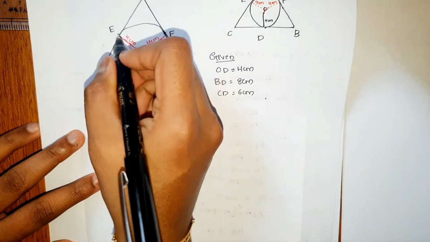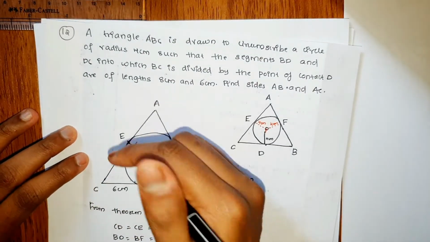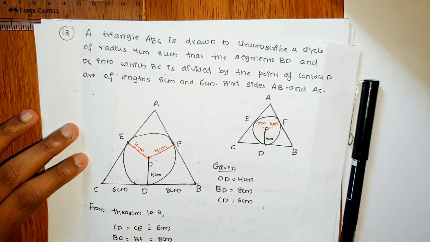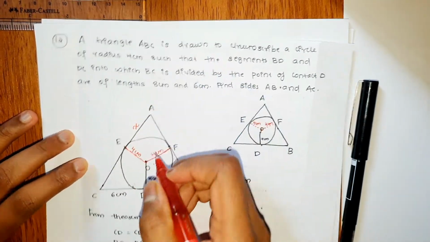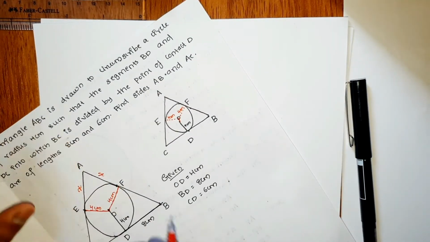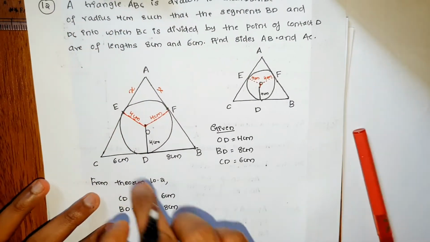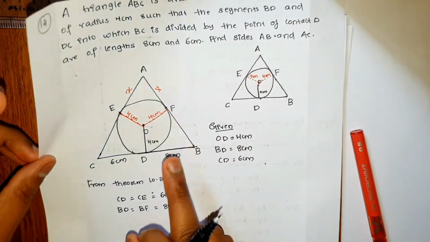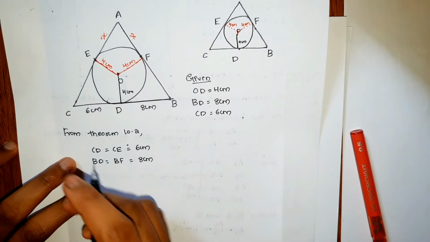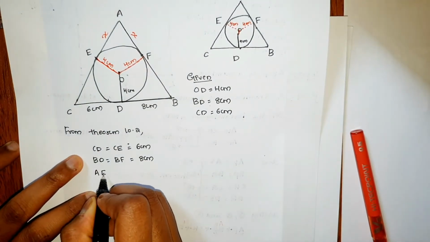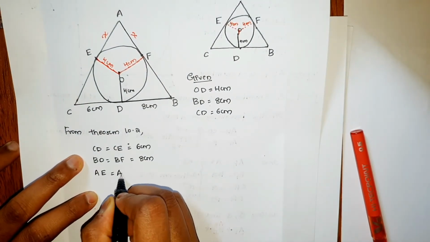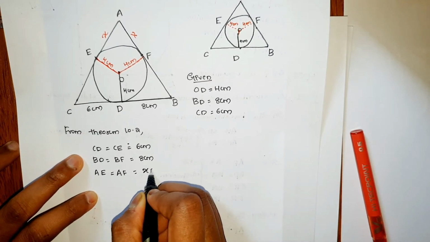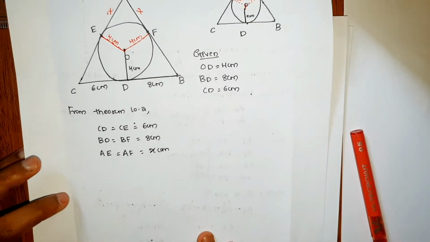We don't know what the value of AE is, so I am writing it as x. Let this be x. If this is equal to x, this is also equal to x. So, AE is equal to AF, that is equal to x centimeter.